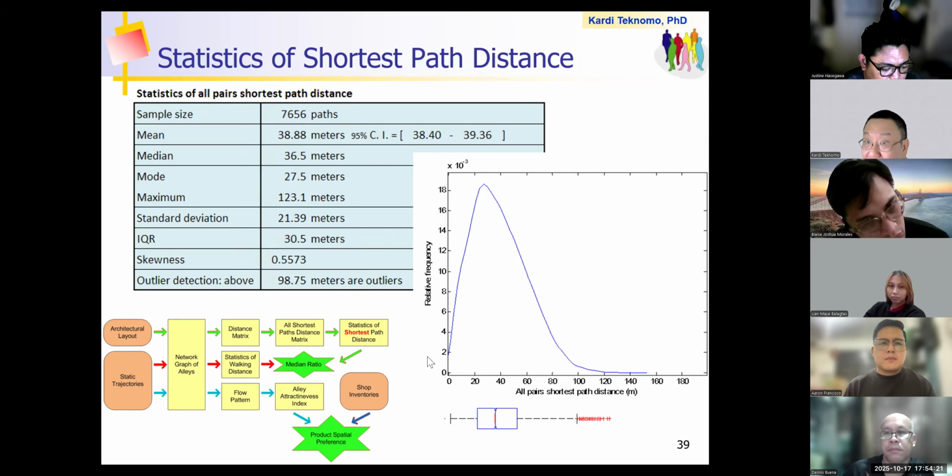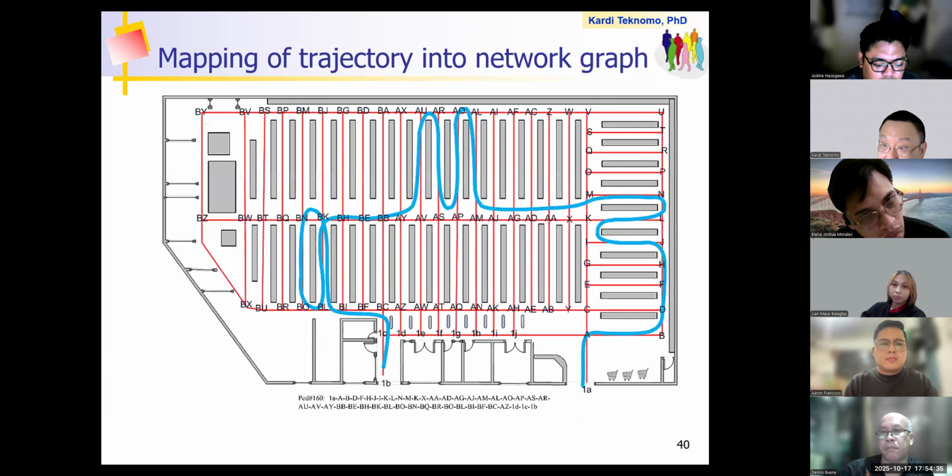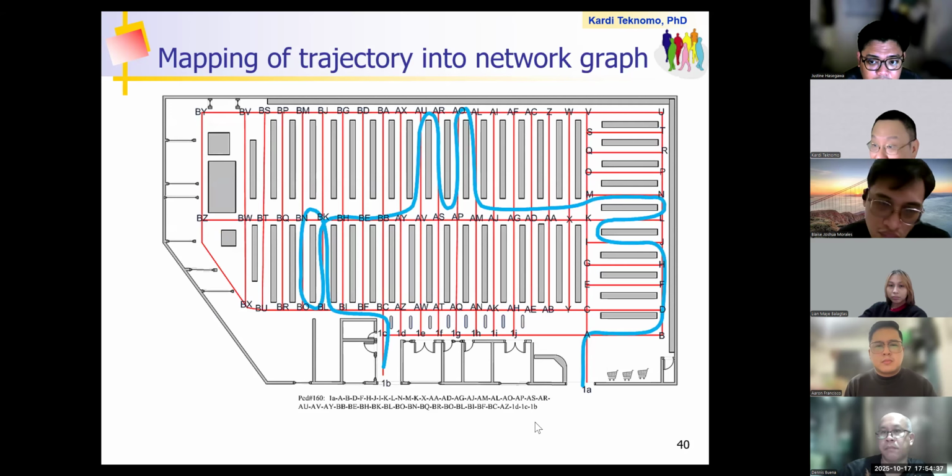Can you see that? This is the network structure, right? So based on only network structure, with no utilization, we can already get the statistics. Interesting. Next, how about the utilization? Again, we need to put it in one by one for all pedestrians. This is pedestrian number 160.